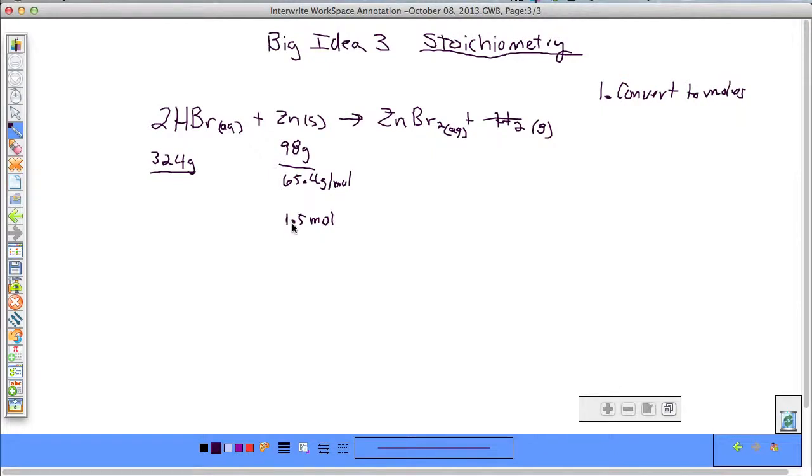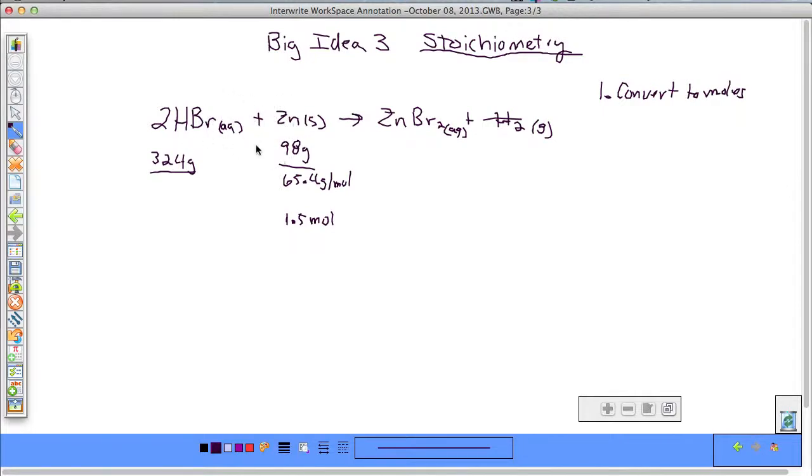And why do we convert to moles? Let's remember that. The reason is that each of these things weighs a different amount. But once we've converted to moles, every amount is a number based on 6.02 times 10 to the 23rd. Essentially that brings everything to the same playing field.